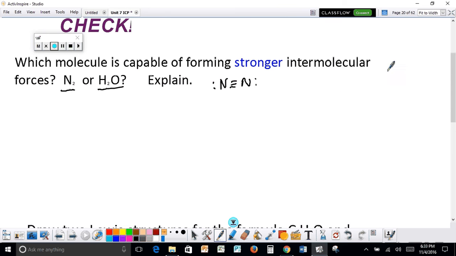And then we have H2O, so we have our oxygen and two hydrogens, which makes this nice little bent molecule, and we have our lone pairs on that side. Well, what do we know about this one? This one has a dipole moment, so it is polar. It'll be a polar molecule. This is non-polar due to the symmetrical arrangement of electrons in this, or the even distribution of electrons.